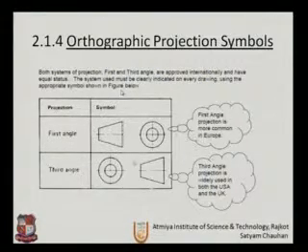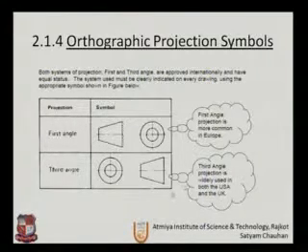So the symbols are as below. The first angle is drawn by drawing the cone first and then its projection, the side view. In first angle, the projection is more common. The first angle is commonly used in Europe, while the third angle is popular in the US and UK.